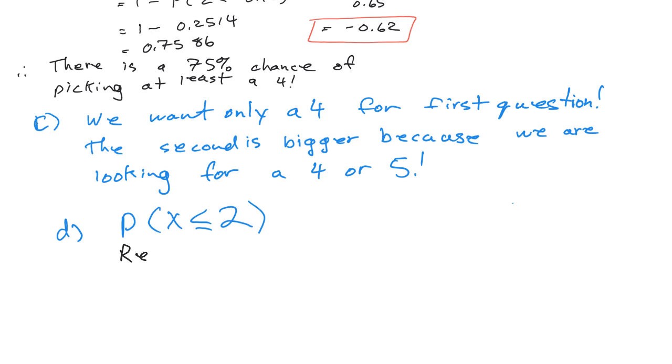The numbers are 1 to 5, right? So what we're looking for is a range that includes 1. So we're looking for 0.5 all the way up to and including 2, so we'll go to 2.5, just like what we were doing before.